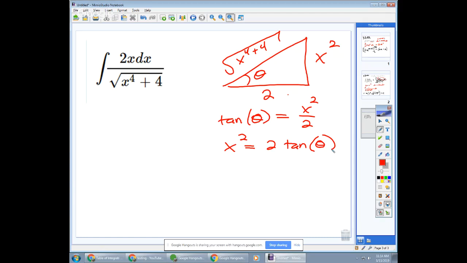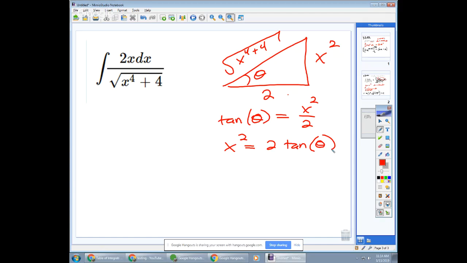Let's see, what else do we need? We need a dx to do this. Well, we could do implicit differentiation. You don't remember implicit differentiation from way back? We did this last week, an example like this one here. Take the derivative of both sides.